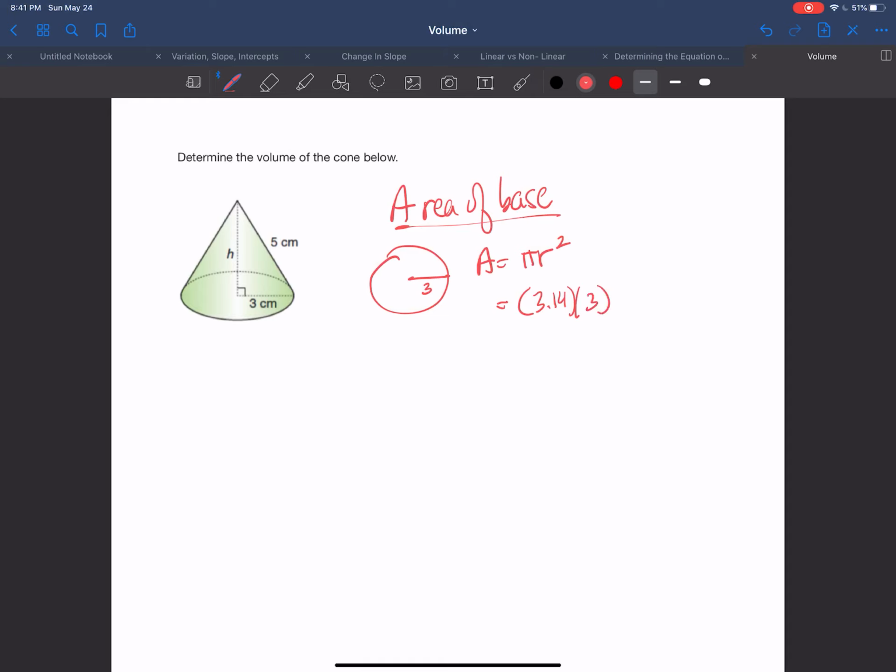The radius is 3, but it's r squared, so it's 3 squared, which means 3 times 3. So 3.14 times 3 squared is 28.26 centimeters squared.